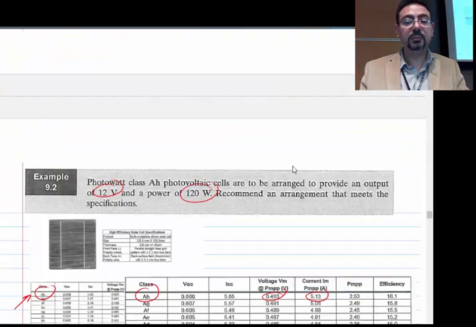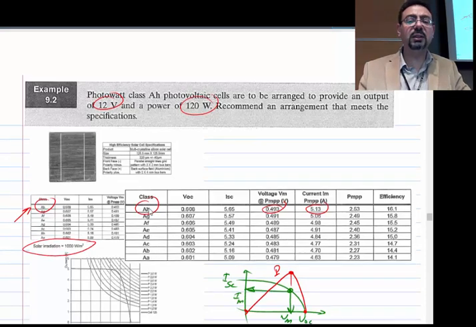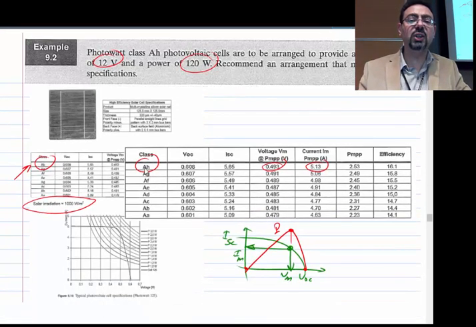So here is the example. He's using the AH class. He's giving different classes that they can make in that factory. Here's the AH class. What is it? Voltage at maximum power 0.49 volt, current 5.13 ampere. Again, those two points at the maximum power point are what we care about.